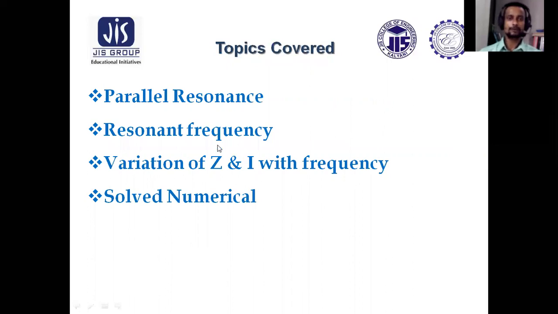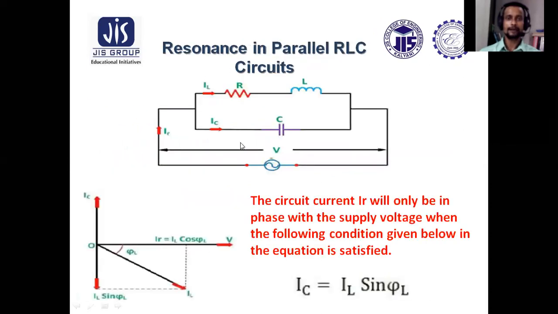So these are the topics to be covered. First we'll discuss parallel resonance, then derivation of resonant frequency. Next is variation of impedance and current with frequency and related graph, and later we'll be solving few numericals on series and parallel resonance. So let us start with parallel resonating circuit.